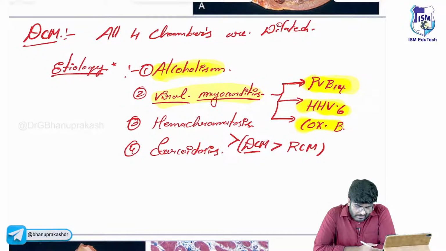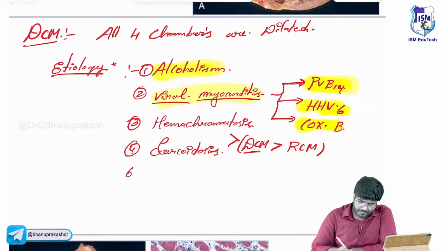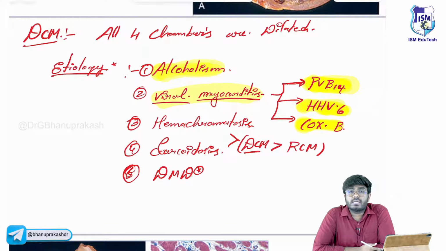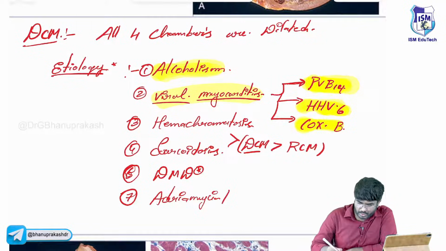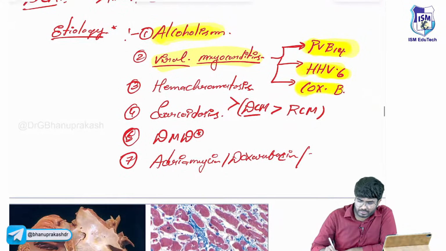In which other conditions can you have dilated cardiomyopathy? Duchenne's muscular dystrophy. The absence of the dystrophin protein can lead to dilated cardiomyopathy. And using certain drugs like adriamycin or doxorubicin, or IV drug abusers like cocaine.